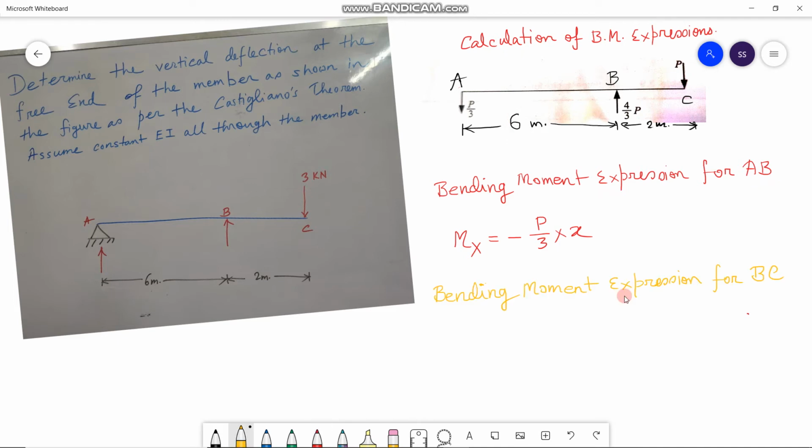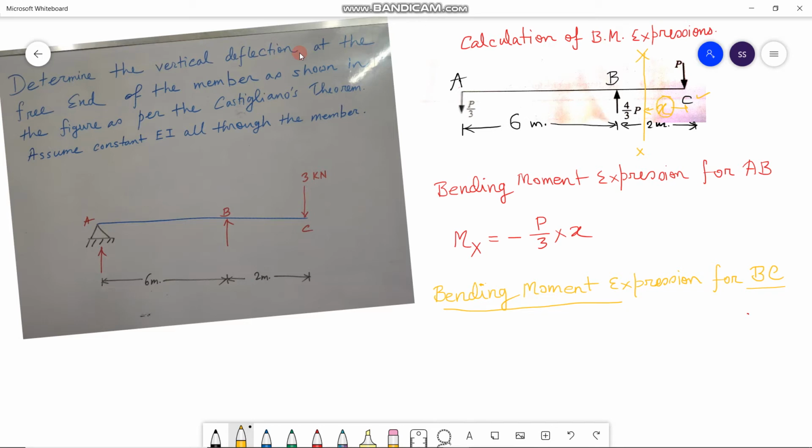Now to calculate the bending moment expression for the portion BC, let us put a section XX at a distance small x from the free end point C. So the distance between the section XX and the point C is small x.